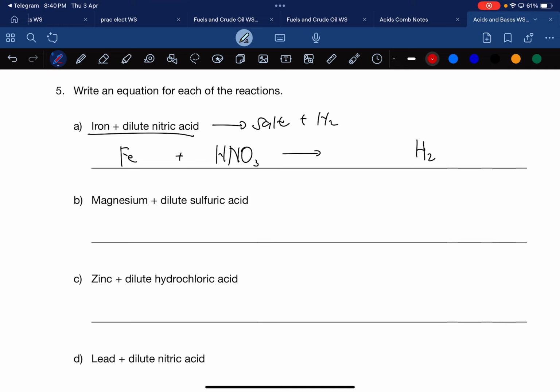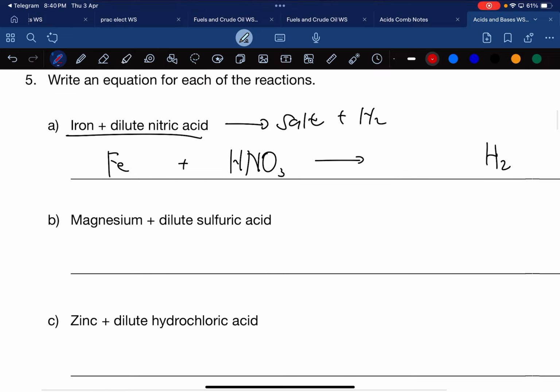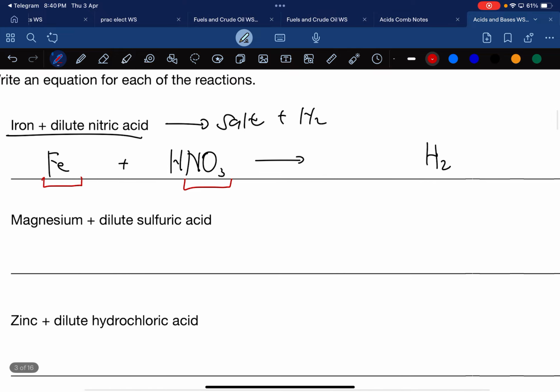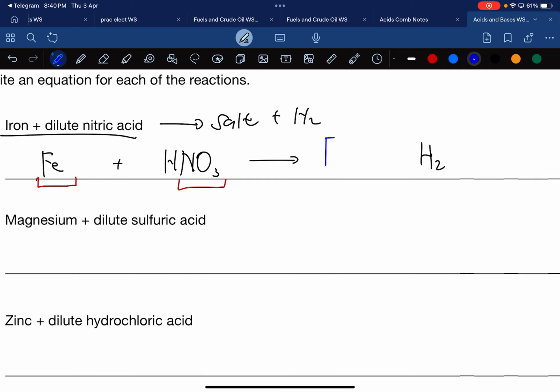What did I say about the salt? Your salt is made up of a cation and an anion, right or not? Your anion comes from whatever is left behind after you lose your hydrogen, and your cation comes from the other guy. So just merge these two. You will get Fe, which will acquire a 2 plus charge, and you have nitrate, which is 1 minus.